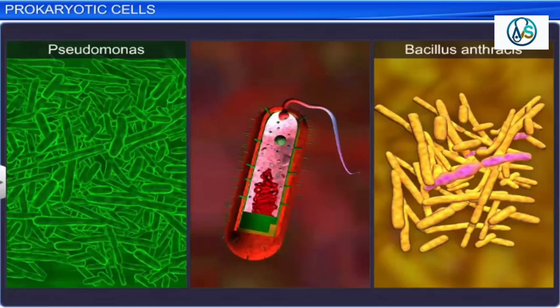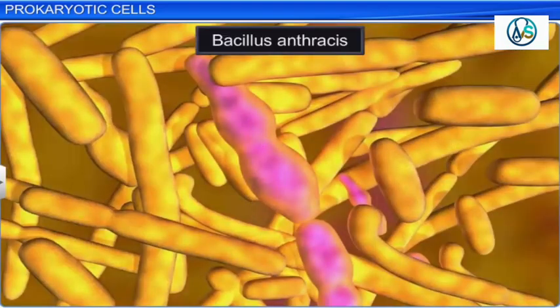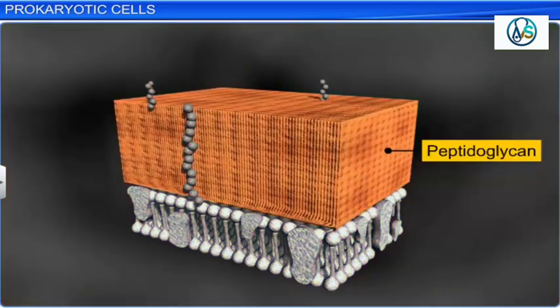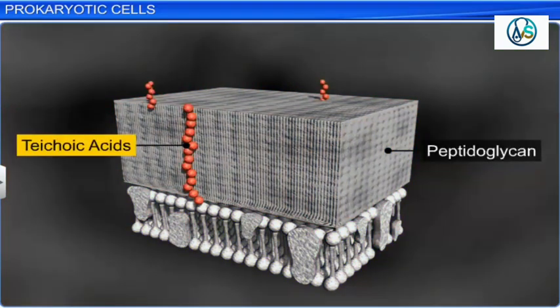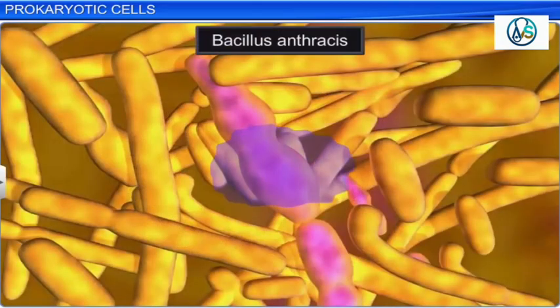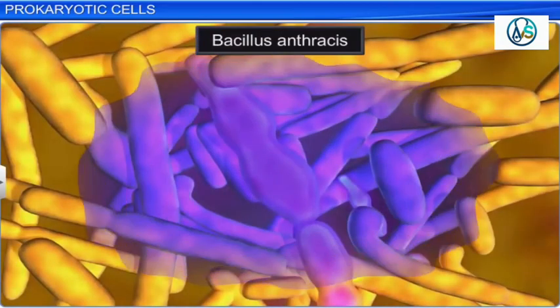On the other hand, the cell wall of prokaryotes such as Bacillus anthracis, composed of a dense layer of peptidoglycan and teichoic acids, turns violet when subjected to the gram staining procedure.